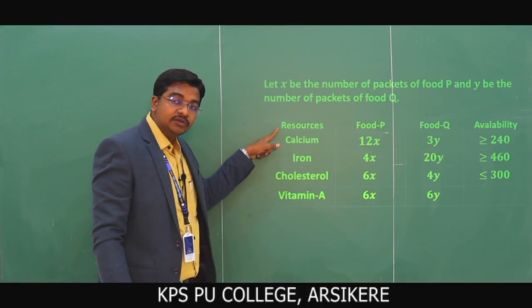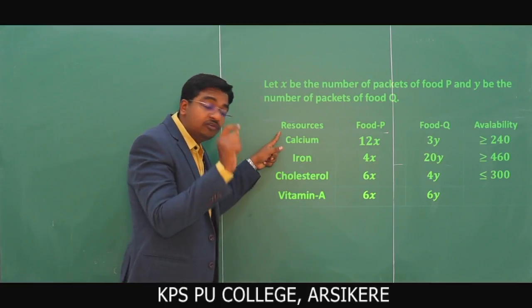What are the resources we are using to develop food P and food Q here?